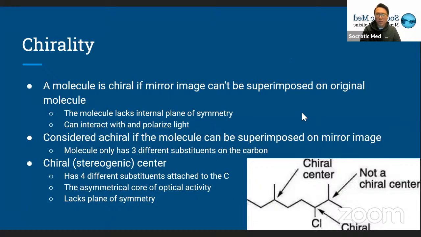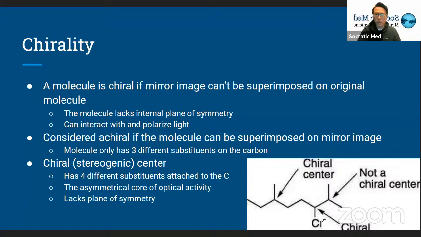If you see the figure on the right, the ones with a chiral center have 4 different substituents bonded to it. For this left chiral center, you can see it has 3 different chains attached, and then you can assume there's a 4th bond to a hydrogen. So all 4 substituents are different.